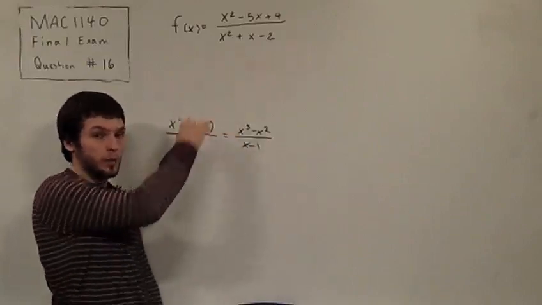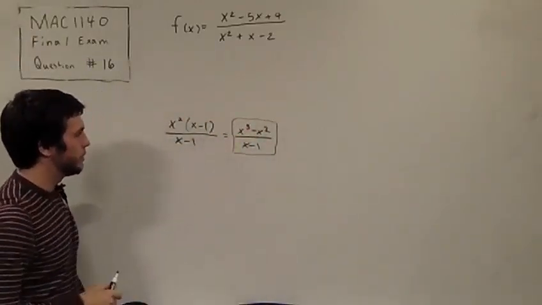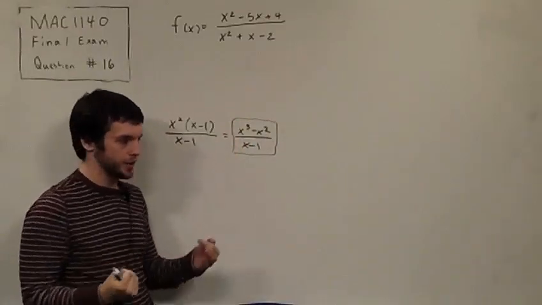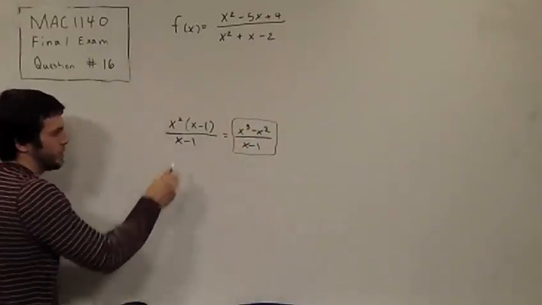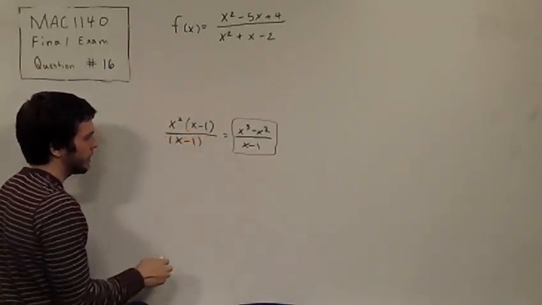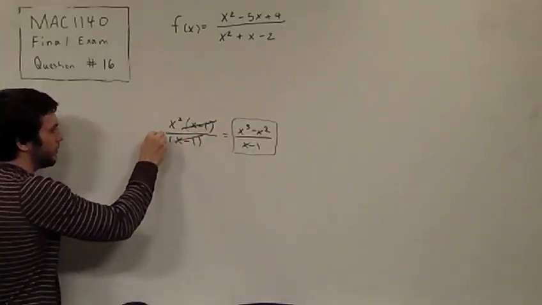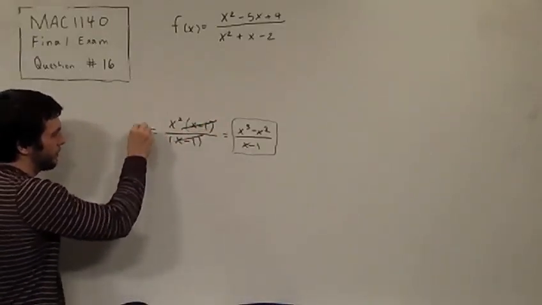The way these problems work is they give you the final thing, and they're asking us about a hole. Keeping this in mind, this is the way it looked before. We had x minus 1 over x minus 1. We cancel out these x minus 1s, and we just have x squared.